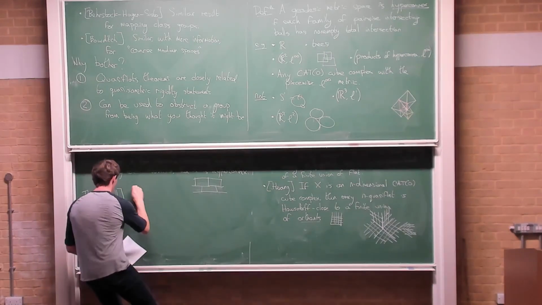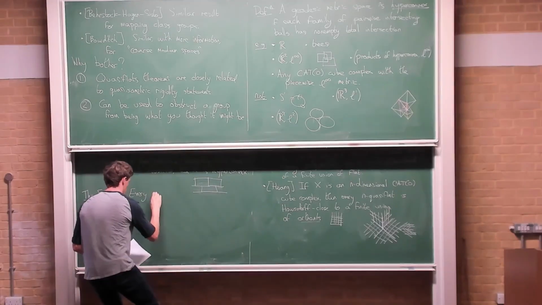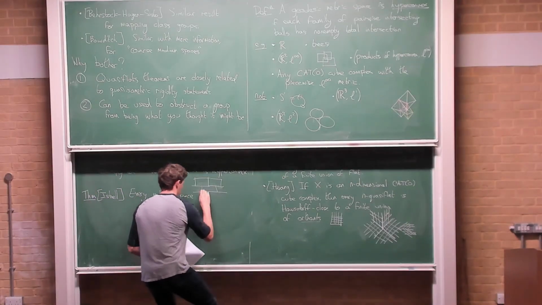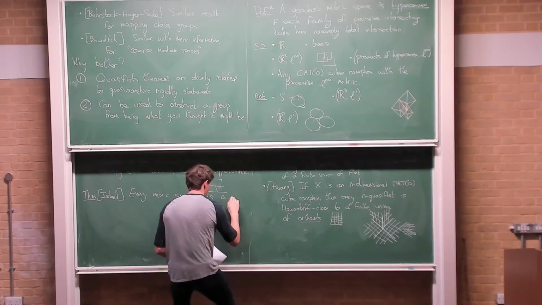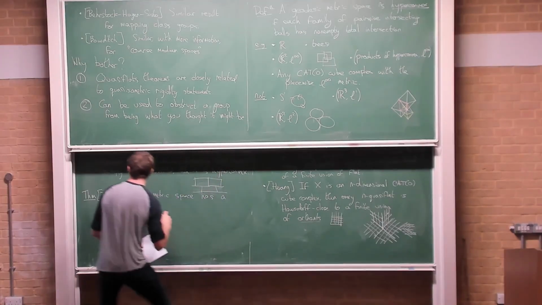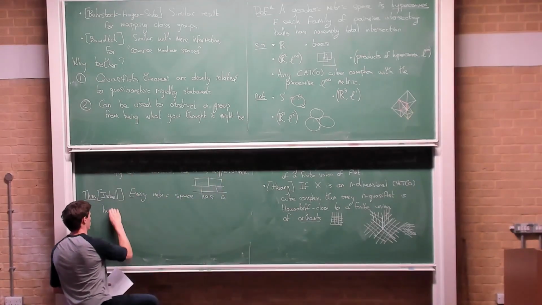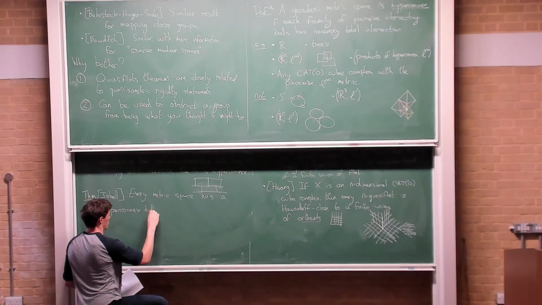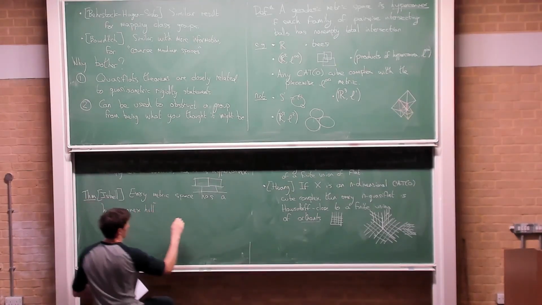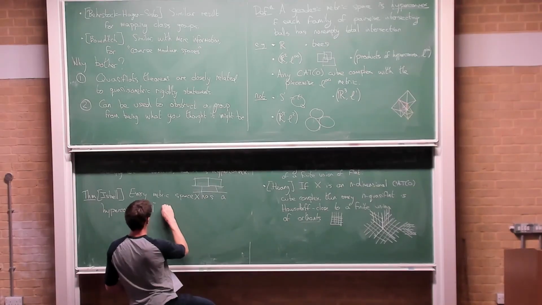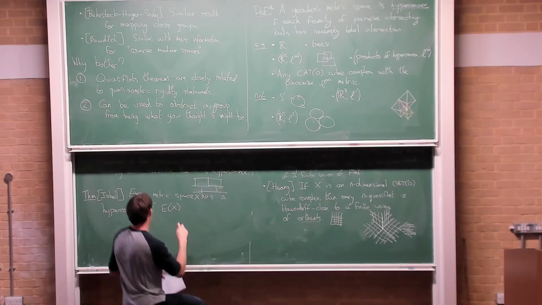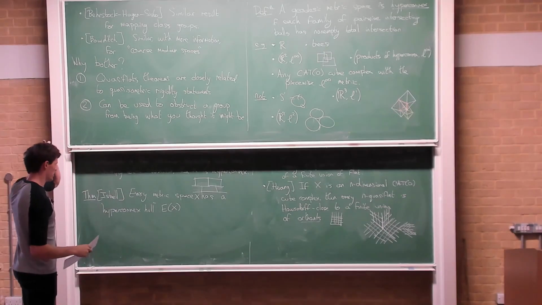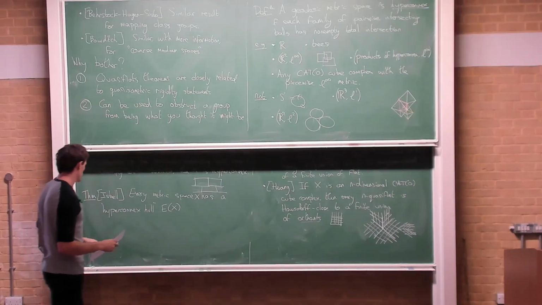Which says that every metric space, let me call this X, has a hyperconvex hull, and the hull is denoted E of X. E is for envelope, hyperconvex envelope or injective envelope.